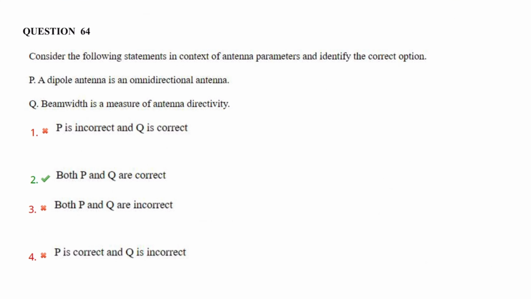Next statement. Bandwidth is a measure of antenna directivity. So this antenna beam width and directivity are inversely proportional to each other. Narrower the beam width, higher the directivity.